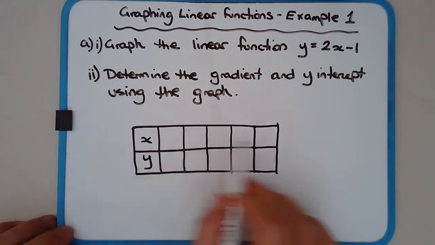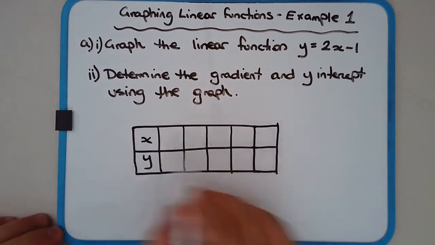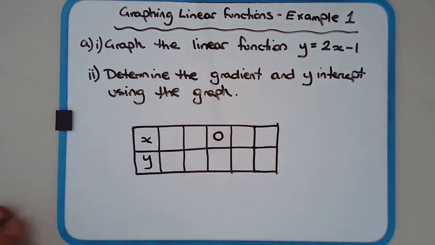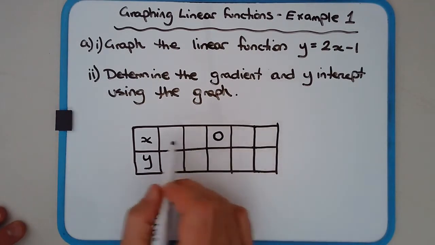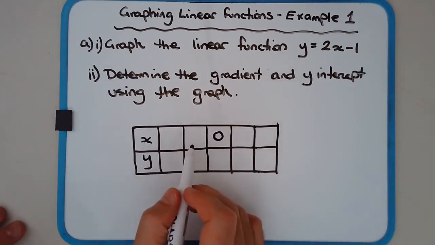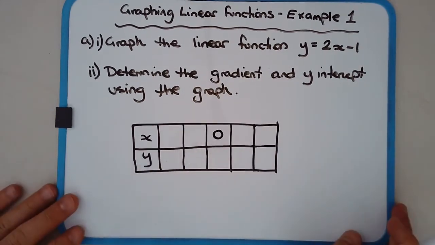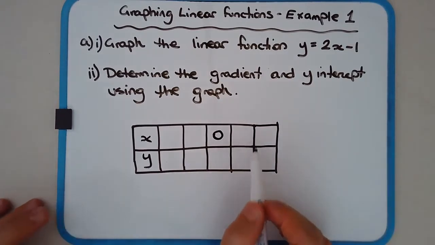So I usually like to have 5 of each for the x and y values. And the middle one, I like to make an x value of 0. And I like to have a couple of positive x values and a couple of negative x values. It doesn't really matter which values of x you pick, as long as they're reasonable. Don't pick 2,000 or something.